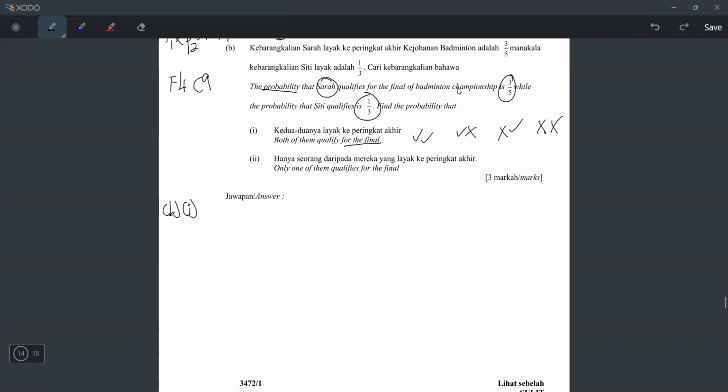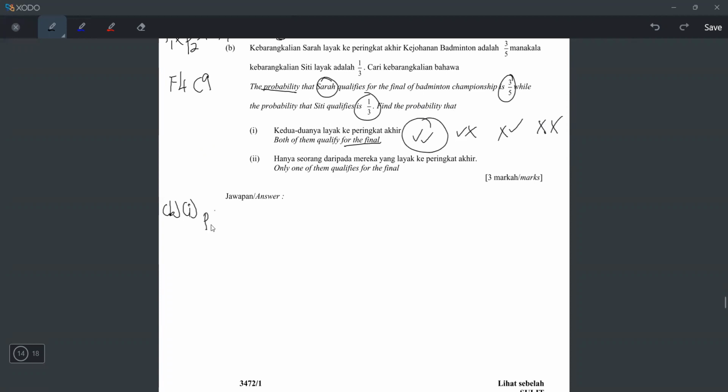So once again, what are all the possibilities? Qualify, not qualify, not qualify, not qualify, not qualify. Now they say find the probability that both of them qualify. It means we only do this one.